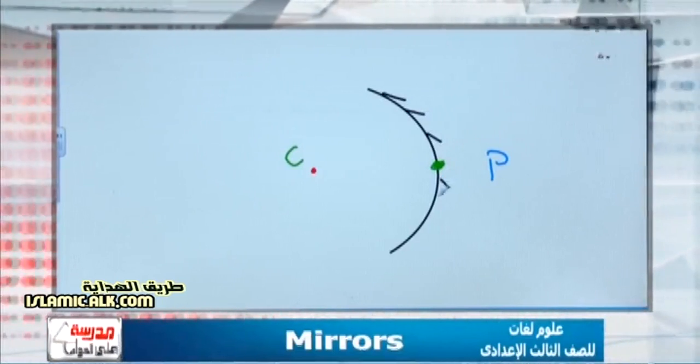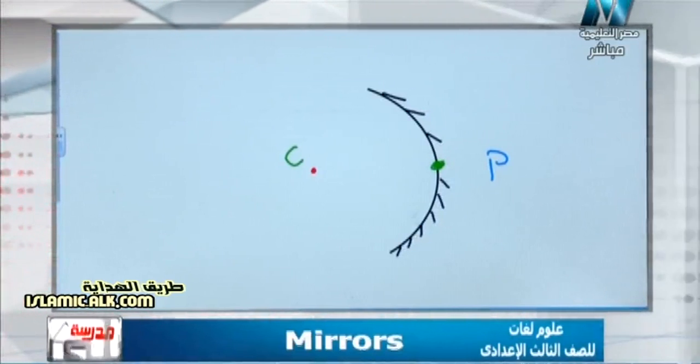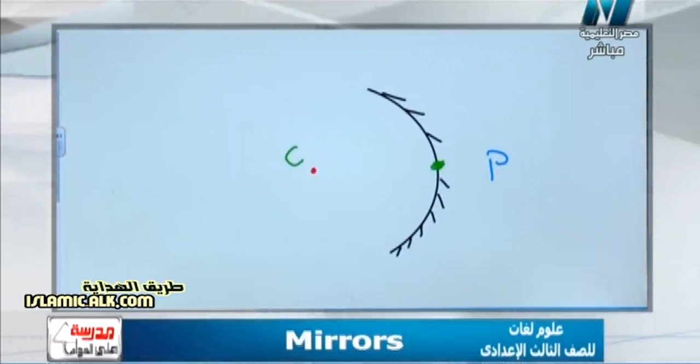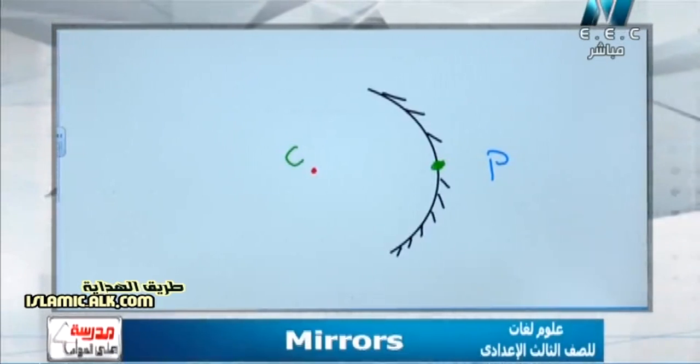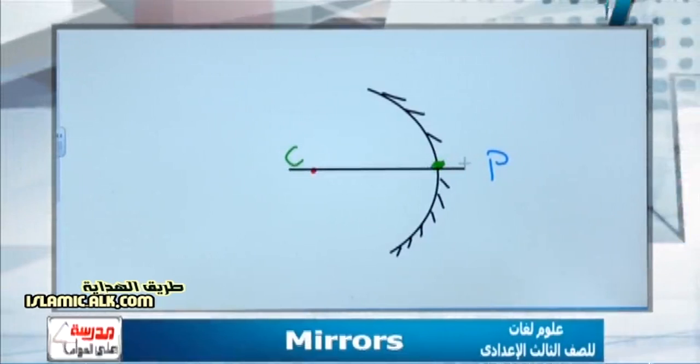So here we have a concave mirror, and in this part we have a straight line connecting C and P.